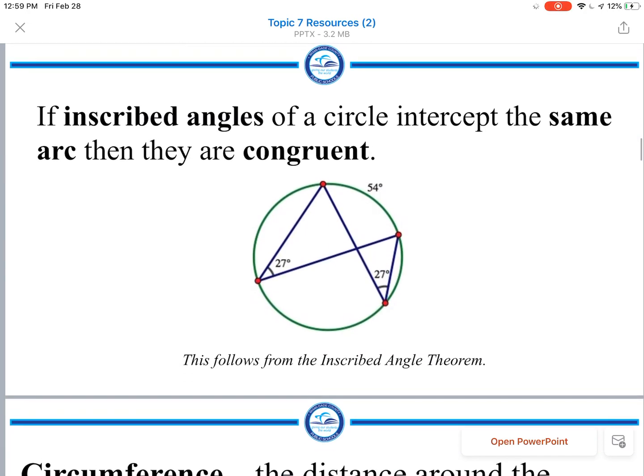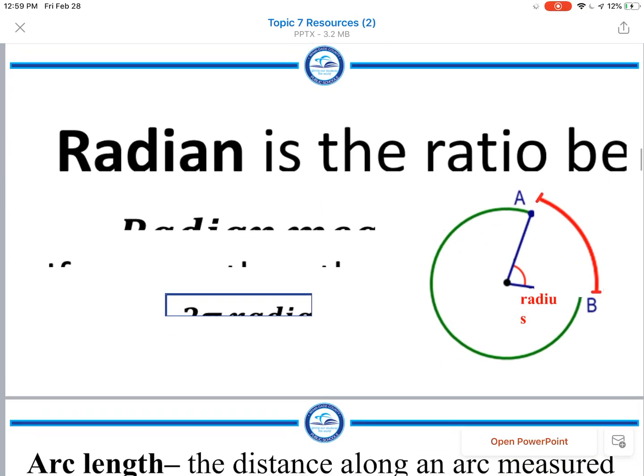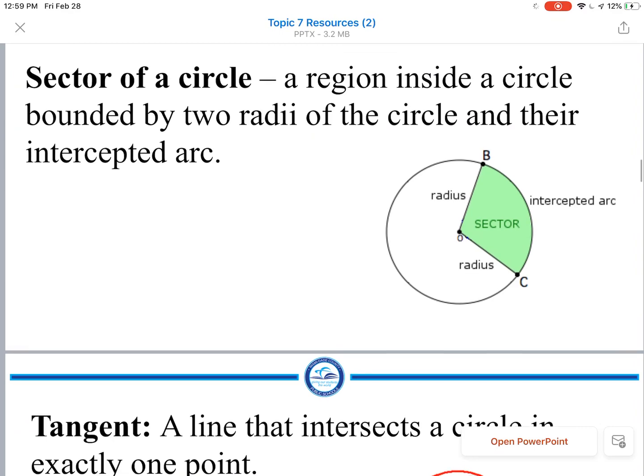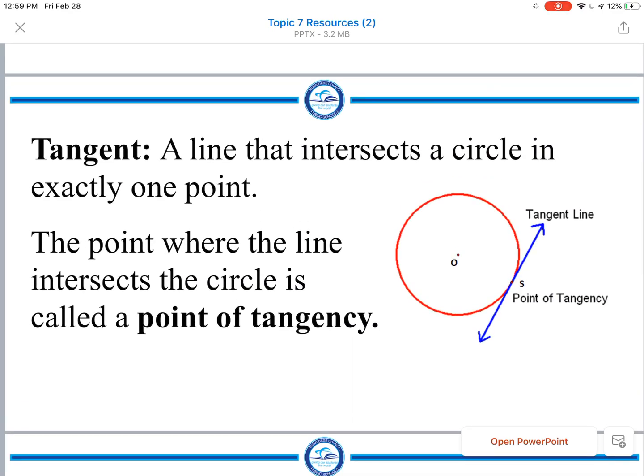Inscribed angle theorem, we're not going to talk about that yet. Inscribed angles, nope. Arc length, no, not yet. Sector, no. Tangent. Okay, so a tangent is a line that intersects a circle in exactly one point.